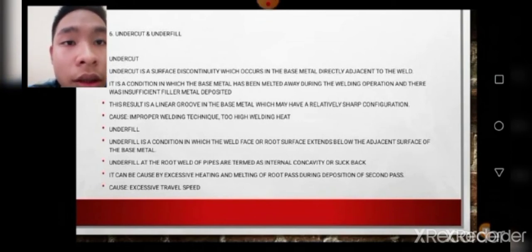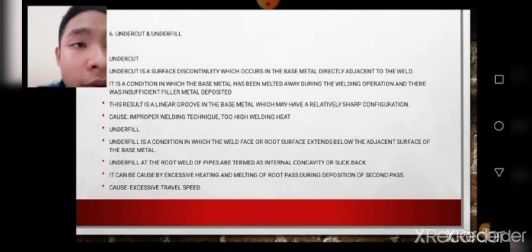Undercut is a surface irregularity with a crease in the base metal directly adjacent to the weld.